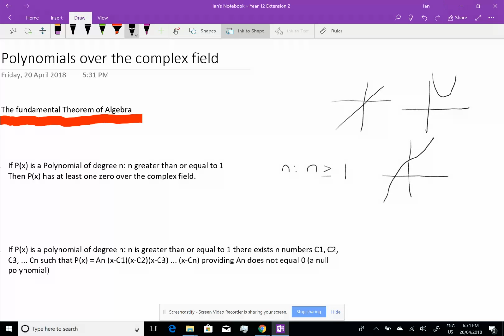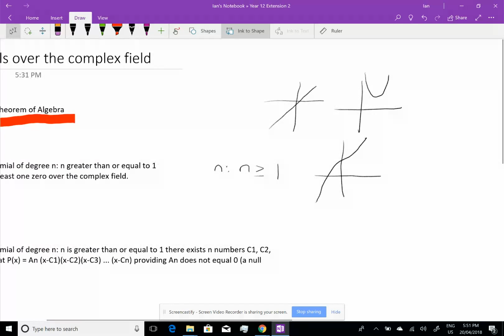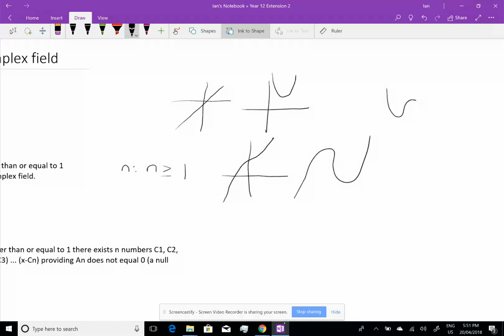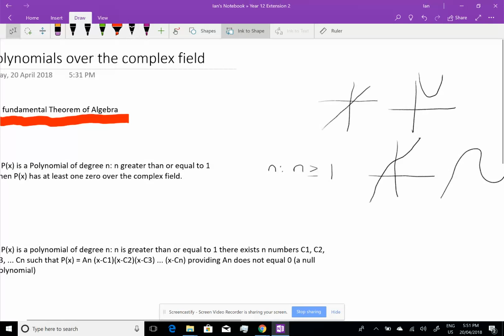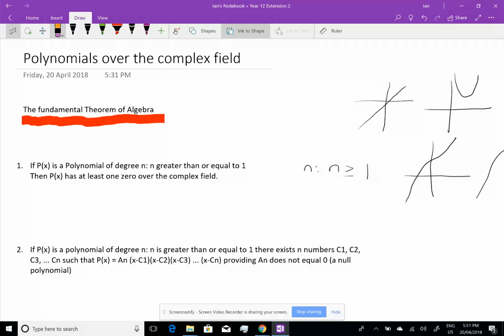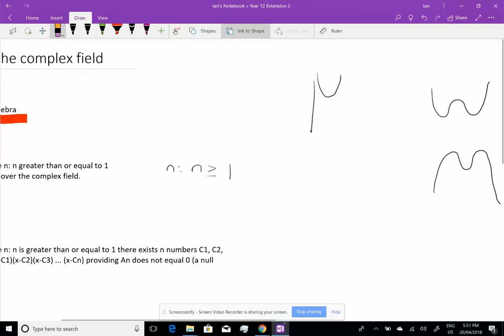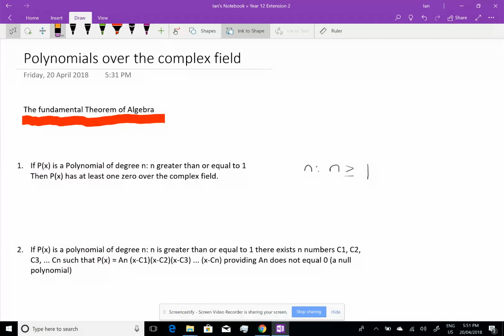A cubic could have more, or a quartic, or a negative quartic, they're all polynomials. They're going to have at least 1 zero over the complex field, whether that's a real root or a complex root, it'll still be a root over the complex field.